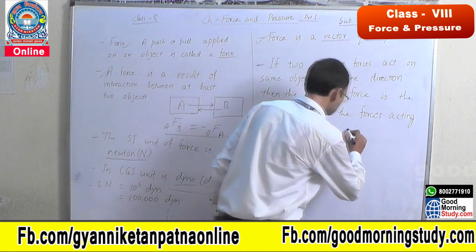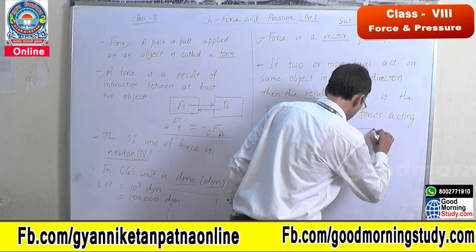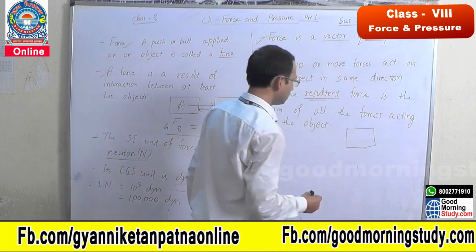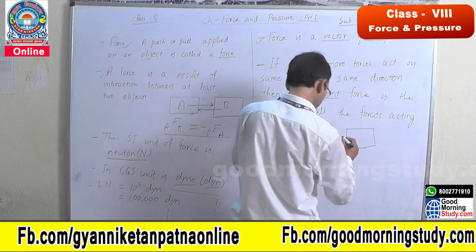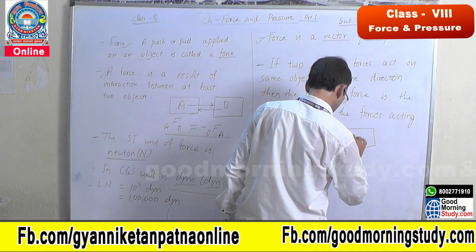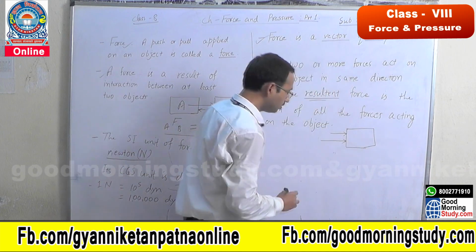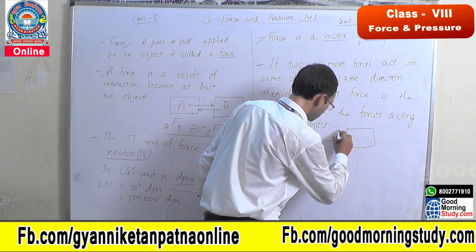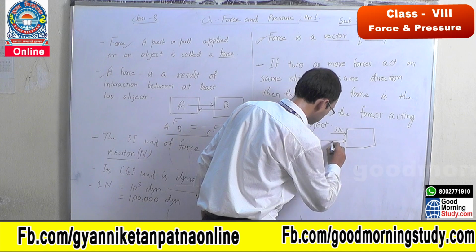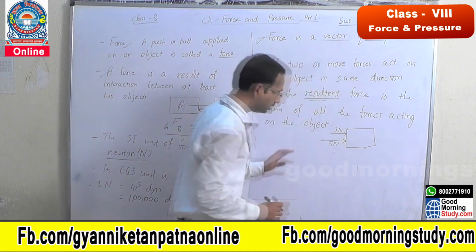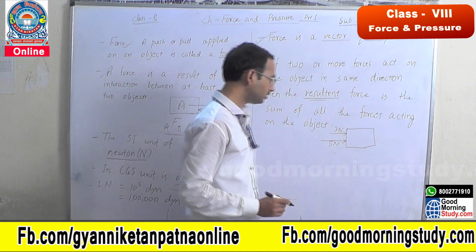Suppose we take an object and different forces are acting on it. Let us consider two forces: one of 3 Newton and another of 5 Newton. They are acting in the same direction.